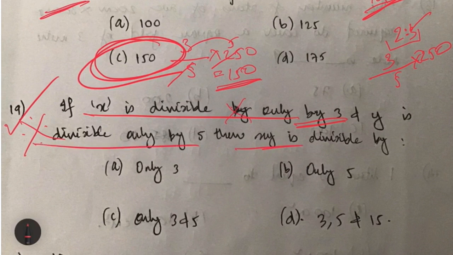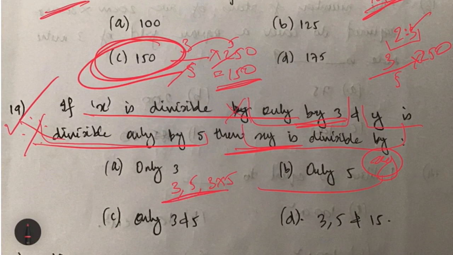In any question where it is given like this, the product xy is divisible by each of those numbers and also by the product of these numbers. These three will be divisible.